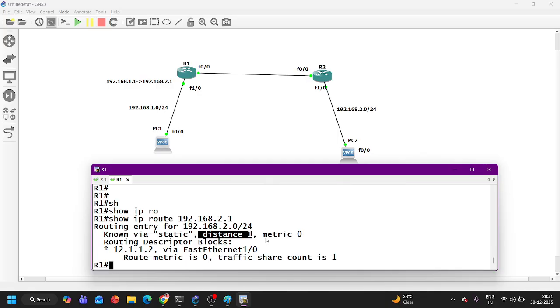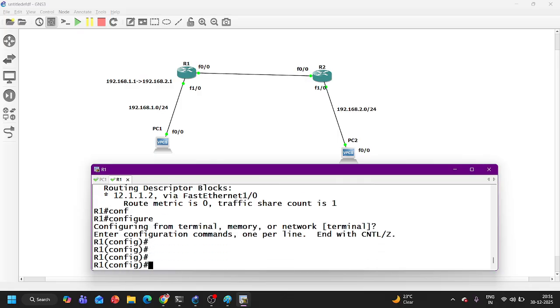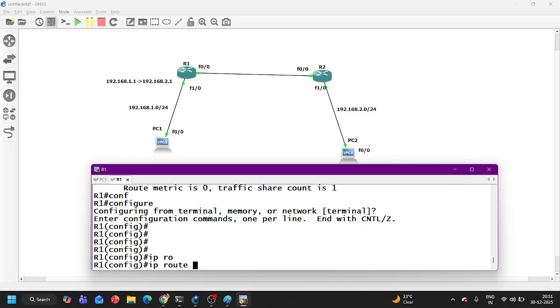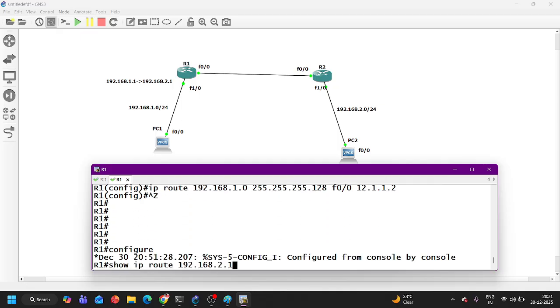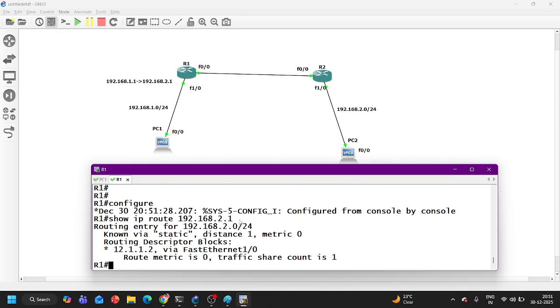And guys, if the destination is matching in multiple subnets, let's suppose here I have configured one more route, IP route 192.168.1.0 255.255.255.128 F0/0 and 12.1.1.2. Now it's a static route. Now the router is going to check the routing table like this. Now see here, the subnet is matching.